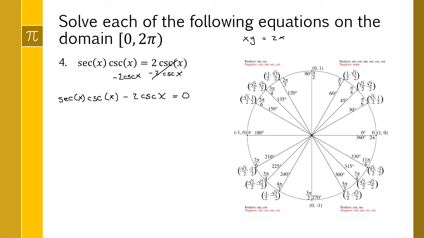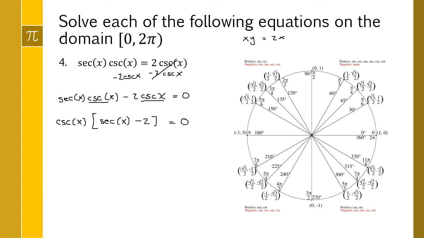And now, similar to the previous problem, when you have two different trig functions, in this case secant and cosecant, we want to isolate each one of them individually. So to do that, I'm going to do some factoring. I see that both of these terms have a cosecant in them, so I'm going to factor out cosecant of x, and then I am left with a secant of x and a minus 2.